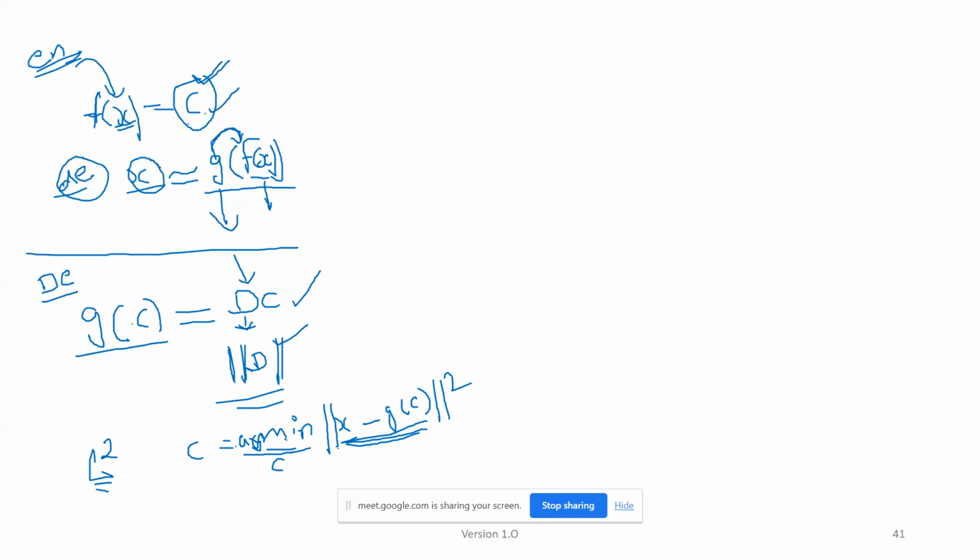Min is the minimum value of the entire set, the entire vector, but arg min is considered with a particular related parameter, so it is considered only for the optimal code's minimal value. For that we are using arg min of x minus g of c. This is the decoding function, and we are applying the norm function, that is the square.